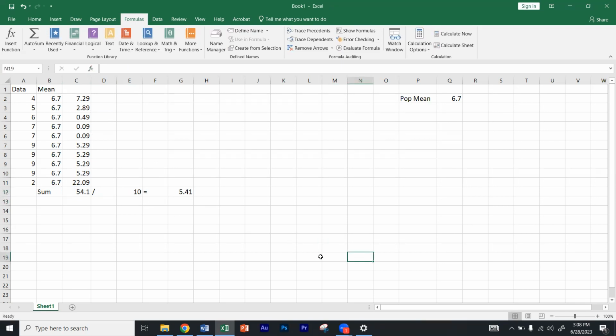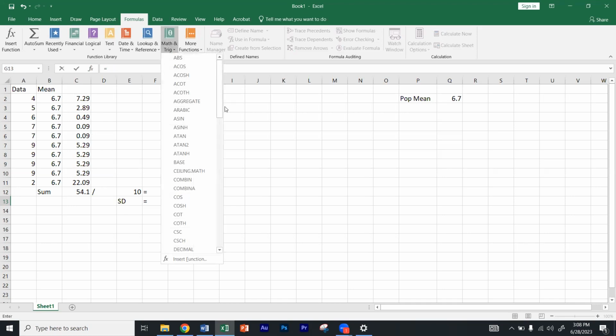This is called the variance. If I take the square root of that, I will get the standard deviation. So for standard deviation, I'm going to write SD equal to the previous number, the one I got. You can say to the power half is the square root, or if you don't like it, you can go to square root under math and trig.